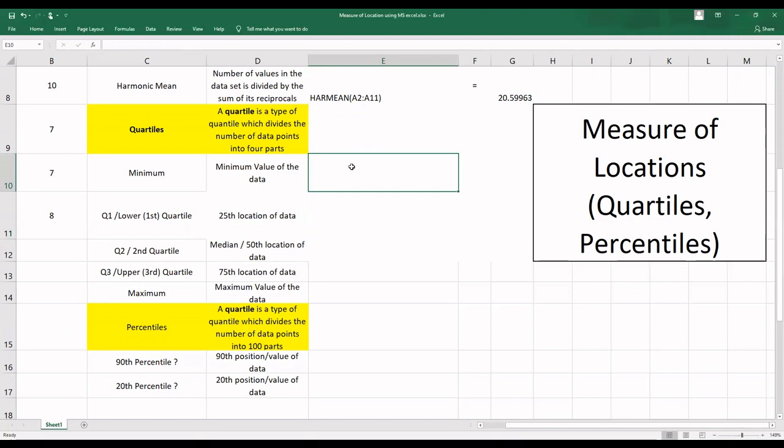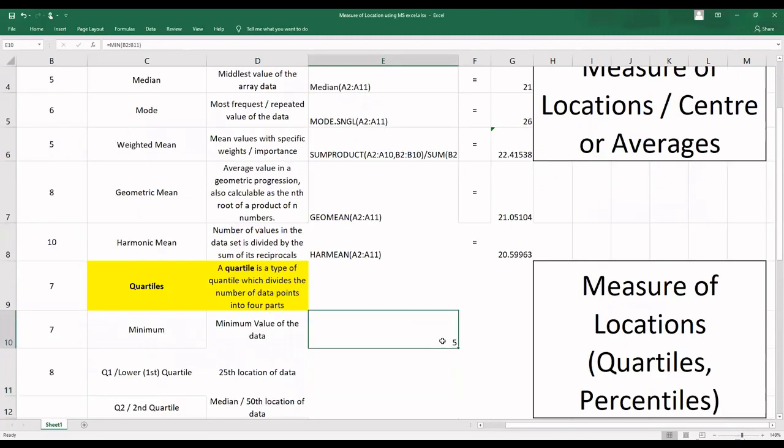It's very easy. For the minimum value, just use equal, min, select the data and you will get the answer. The maximum and minimum value is 5.